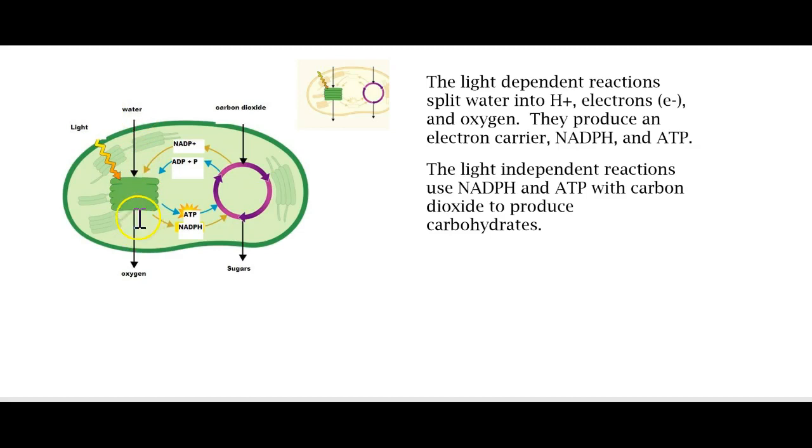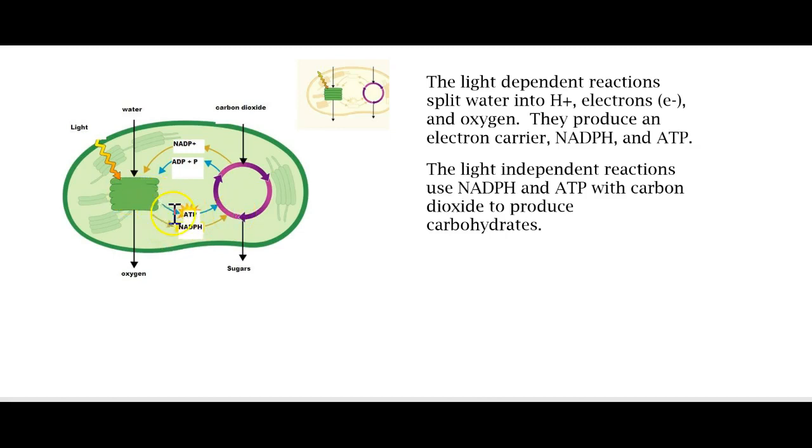And that water, as it's split, sorry for that little interruption there. So from the water splitting, the hydrogen ions and the electrons are going to be used to make NADPH. NADPH is an electron carrier. Notice it has hydrogen here. The hydrogen will reattach to the electrons that were in the split, and we'll get this NADPH, and they're going to carry that NADPH to the light-independent reactions.